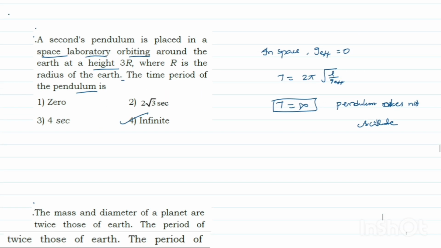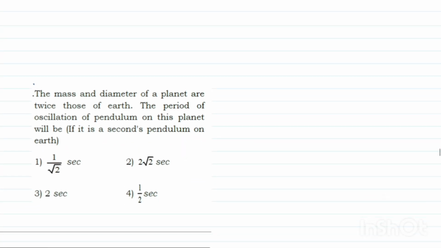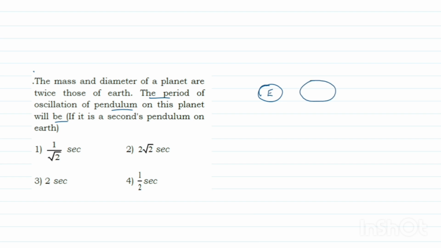Let us see the next question. The mass and diameter of the planet are twice that of the Earth, and they are asking for the period of oscillation of the pendulum on this planet. This is the Earth you are taking, and this is the planet whose mass and diameter are double that of the Earth.